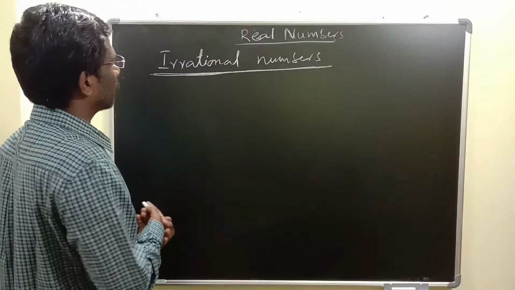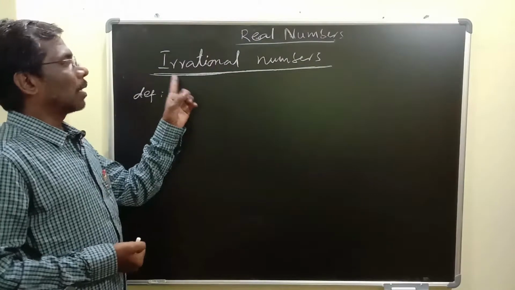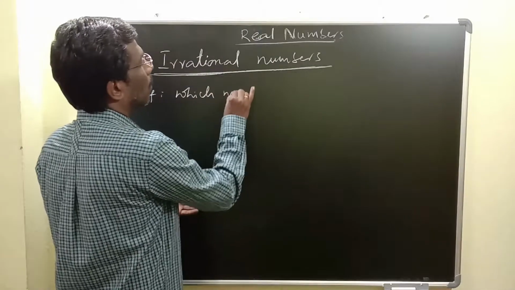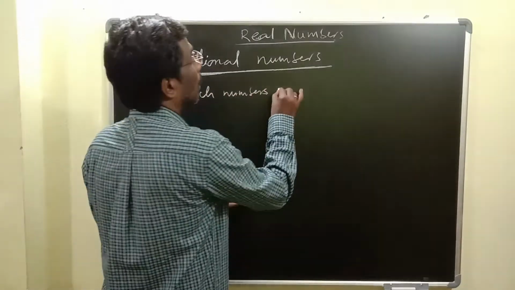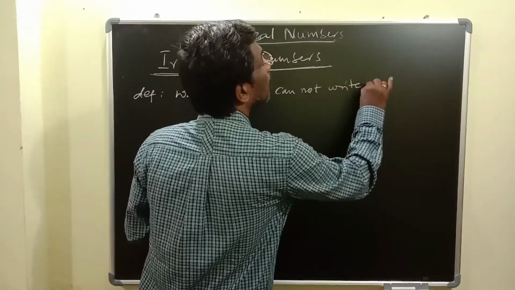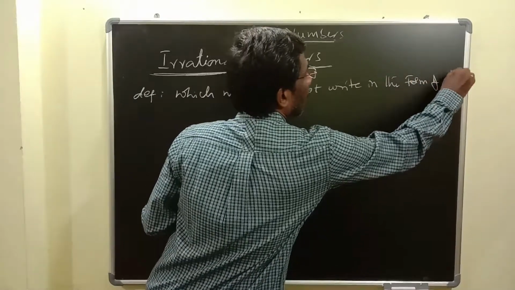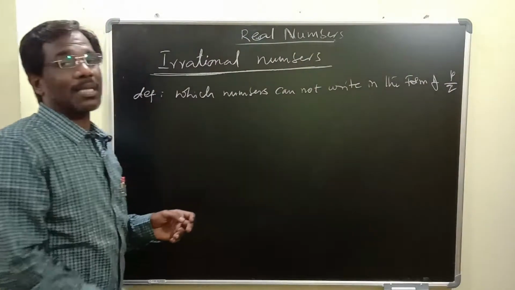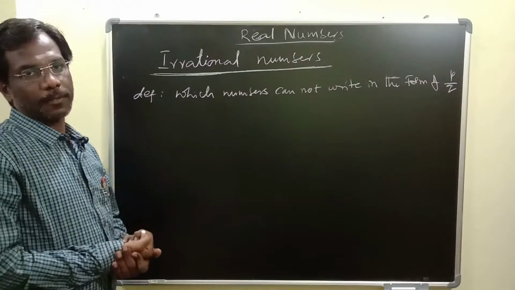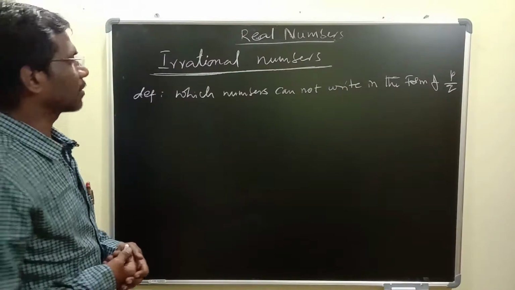In previous classes, you learned the definition of irrational numbers: which numbers cannot be written in the form of p by q are called irrational numbers. You already studied it in the previous class.